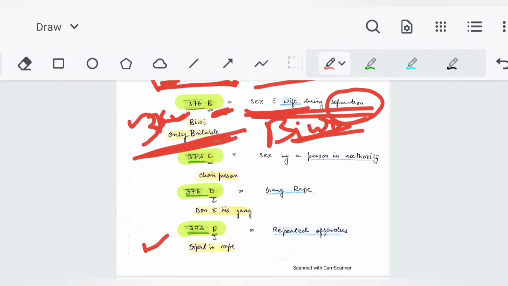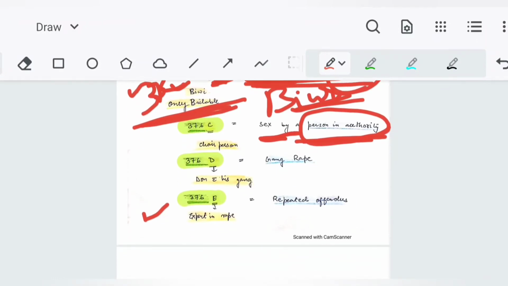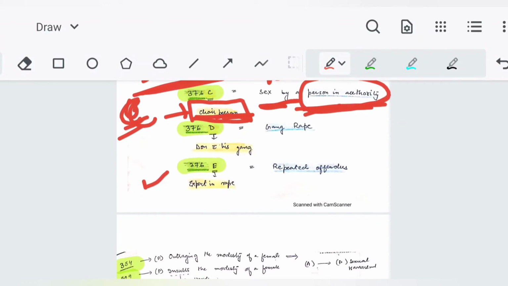Now coming to 376C. C is sex by a person in authority. Okay, if a person in authority does the rape, that is C for chairperson, a person who holds such an authority. So C for chairperson, that is person in authority. Now coming to D. 376D deals with gang rape. Okay.